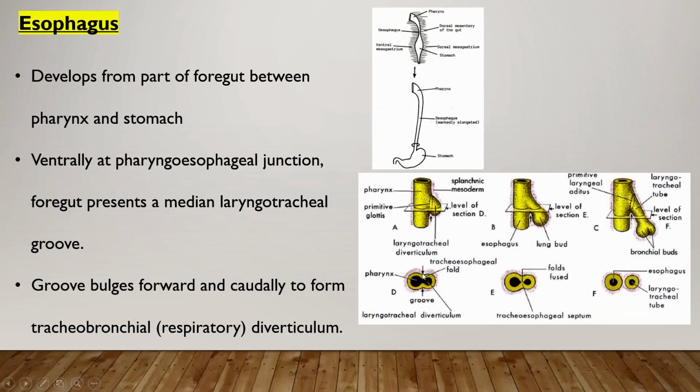So here you can see there is a laryngotracheal groove in the pharynx, and this groove bulges forward and caudally to form the tracheobronchial or respiratory diverticulum. So because of this groove, proximally there is the tracheobronchial diverticulum, and here is the remaining part of the pharynx, which is going to form the esophagus.